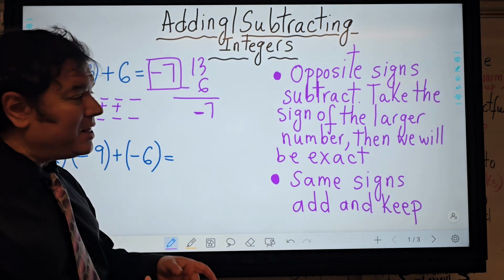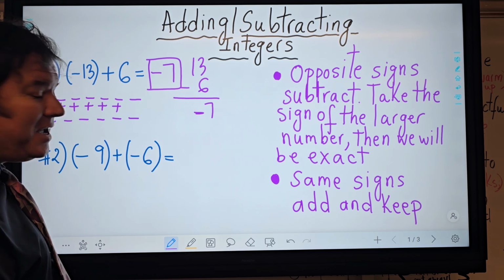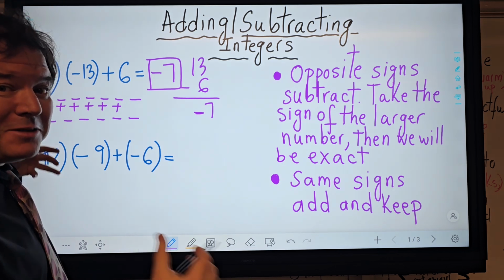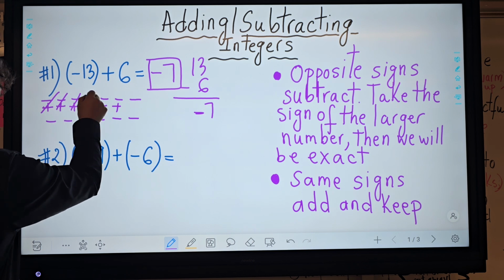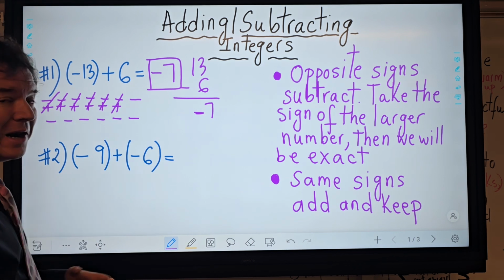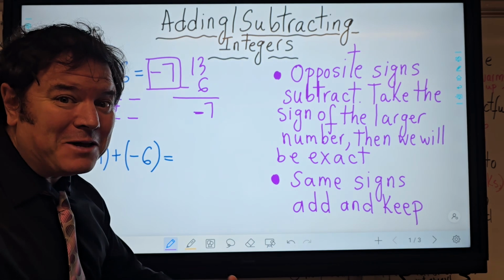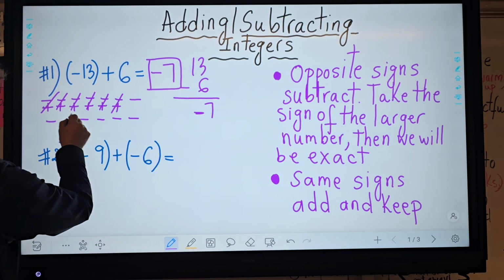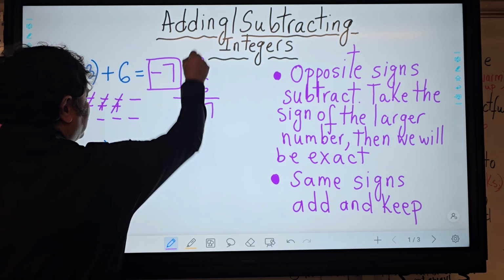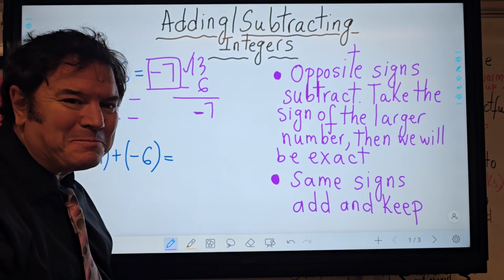Now we know that a positive and a negative become a 0, they cancel each other out. So let's cancel those out, and we are left with 7 negatives: 1, 2, 3, 4, 5, 6, 7. So negative 7, our final answer.